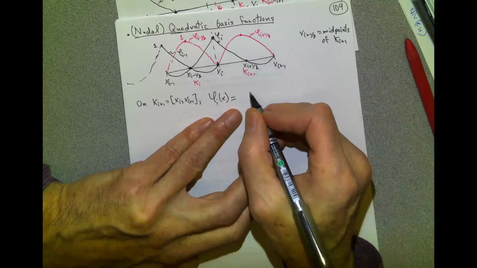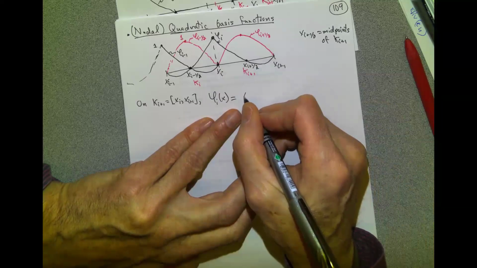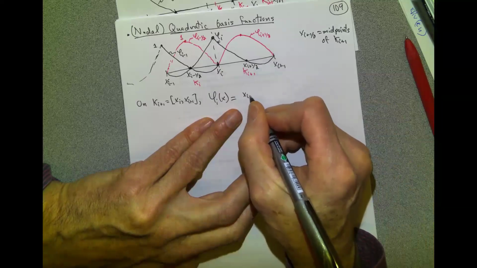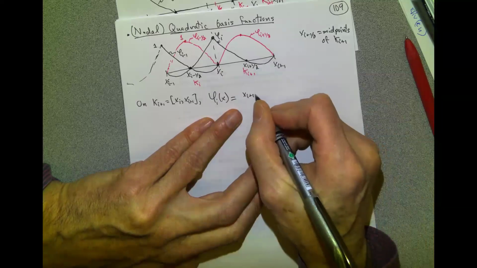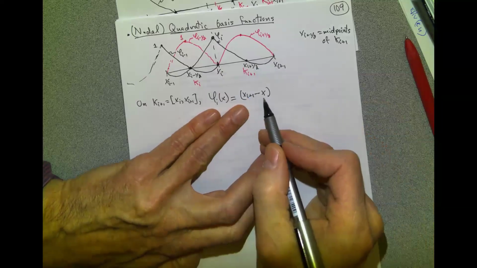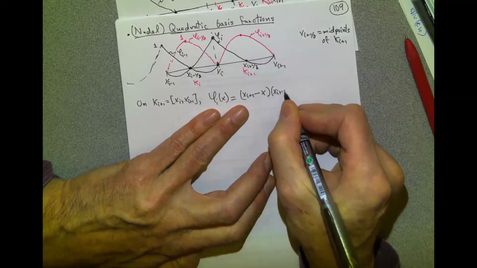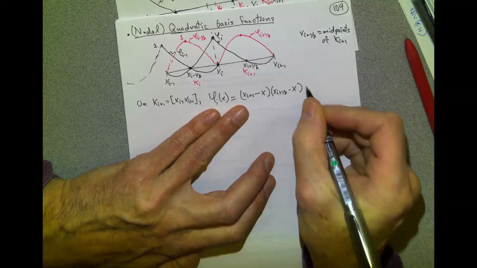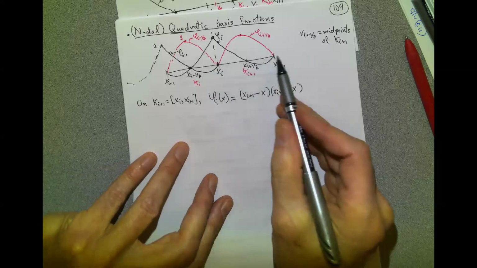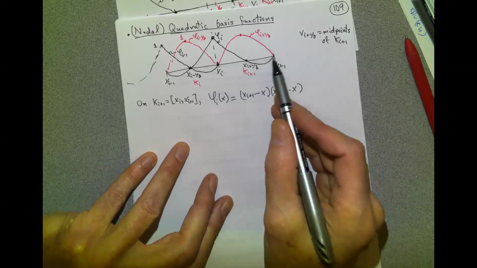So you would have xi plus 1 minus x, which is equal to 0 at that point, and then xi plus 1/2 minus x to be 0 at that point, and it's going to be positive everywhere.